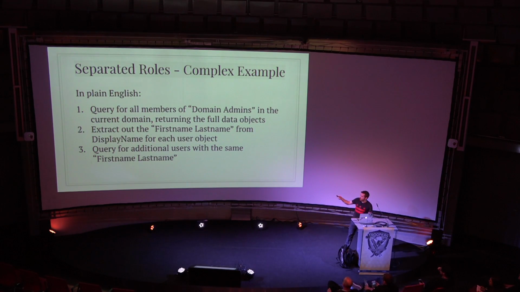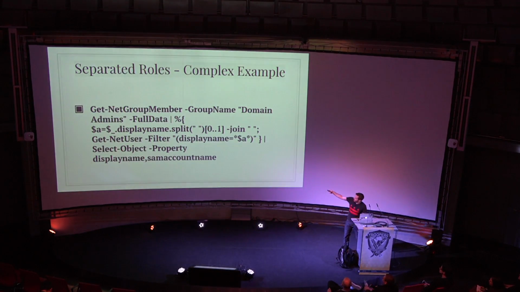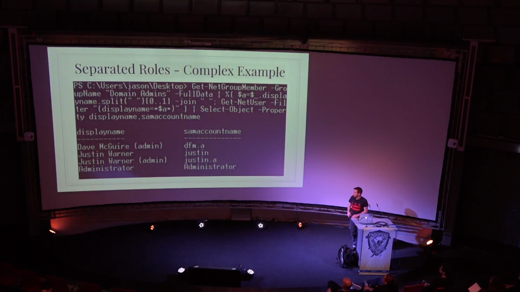And then it's going to query for users with the same first name, last name. So you see here, it's pulling out these first two tokens, splitting that and re-querying with a wildcard to try to figure out, OK, this is the pattern, who are these people that can be grouped. So, get all the members, and then for each one split, tokenize it, take the first two components, and then redo another query with it and select out just the display name and the SAM account name.